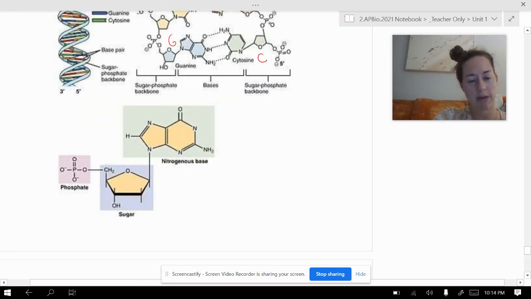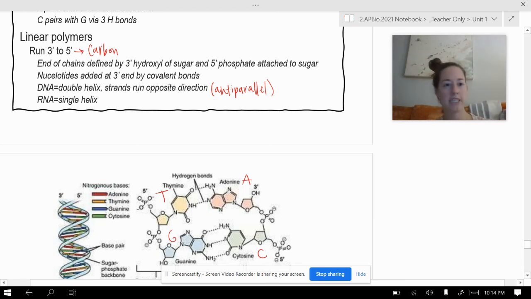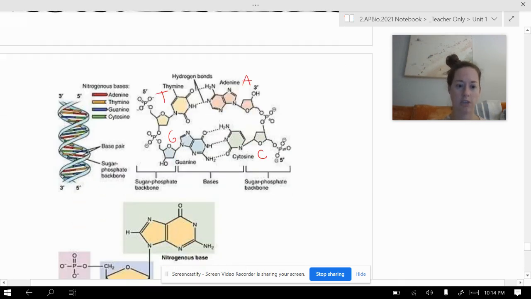Here's your diagram of your nucleotides. Obviously, the nitrogenous base up here will be different depending on whether it's A, T, C, or G. Then you have your sugar here that helps you determine which ends are 3' and which ends are 5'. So based on this, our 3' hydroxyl of the sugar is the end of the chain. The 5' phosphate is attached to the sugar.